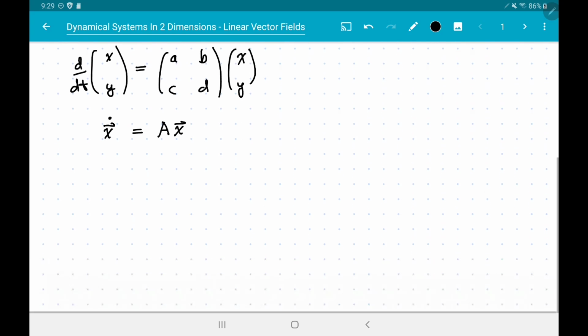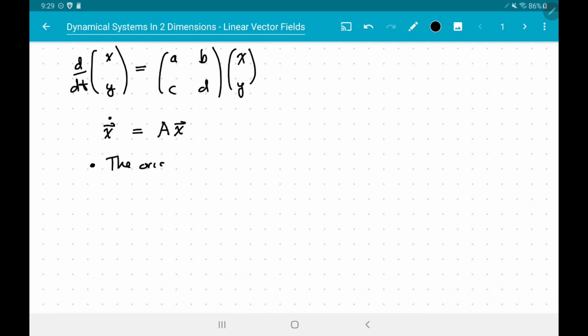A couple of things to know about this kind of equation. So first of all, the origin is a fixed point.